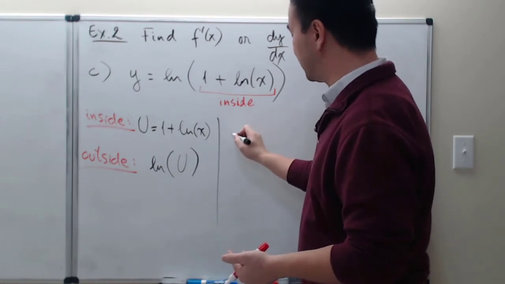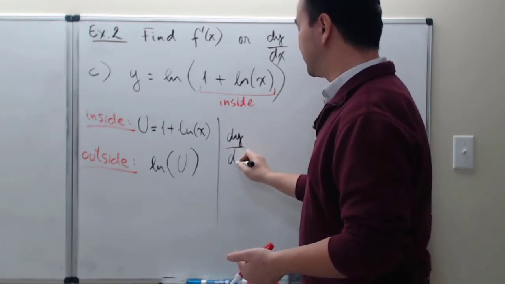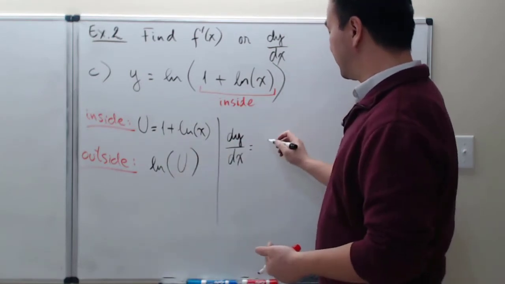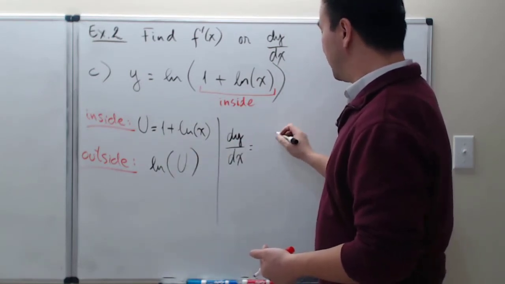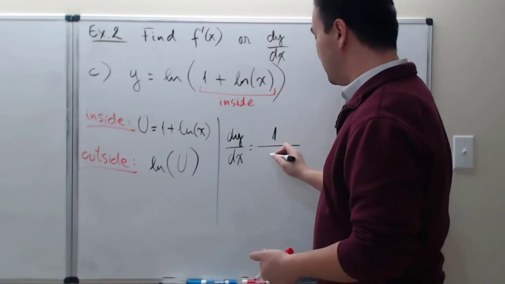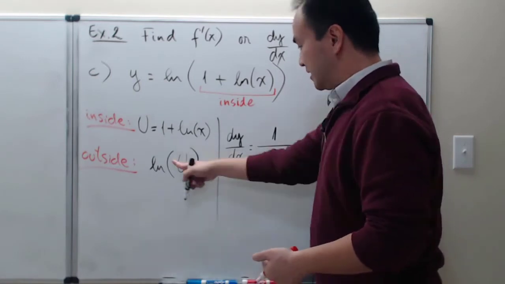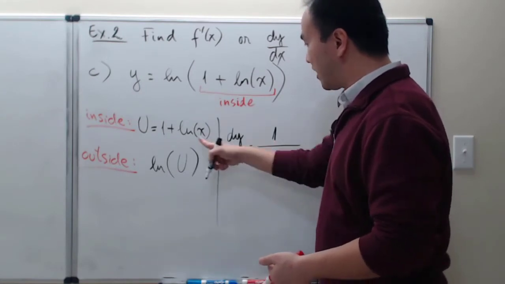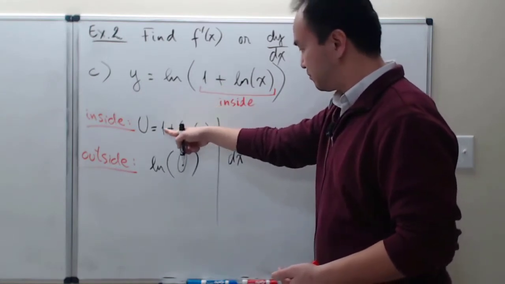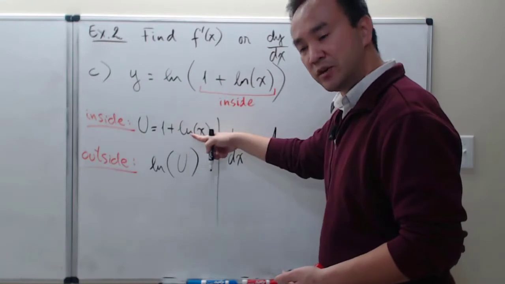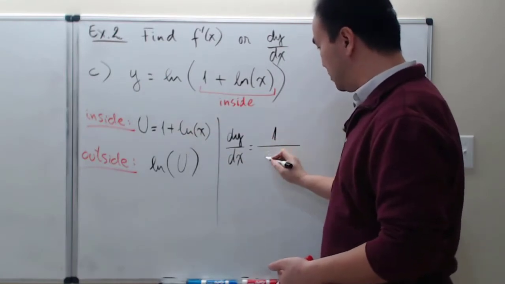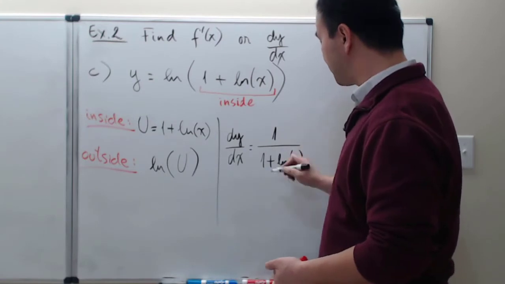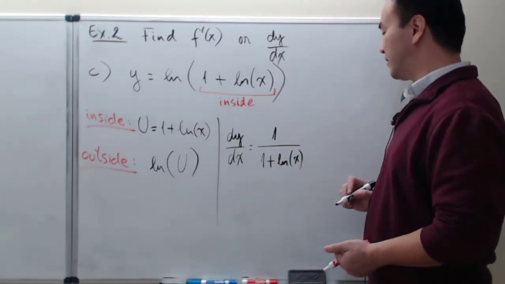Chain rule says the derivative is first the derivative of the outside. The derivative of the outside is going to be 1 over u, because it's just the natural log. So 1 over u, but instead of writing u, I am going to write the actual expression u substituted for. So it's 1 over 1 plus natural log of x.